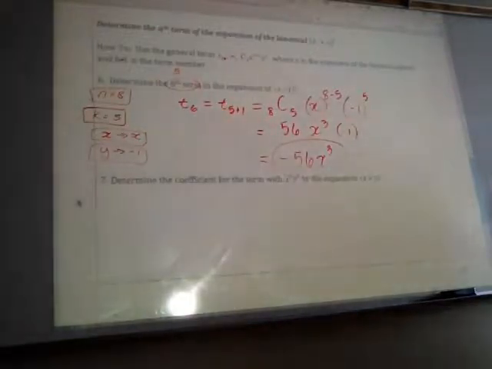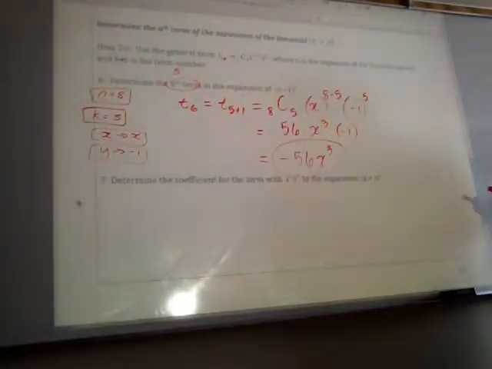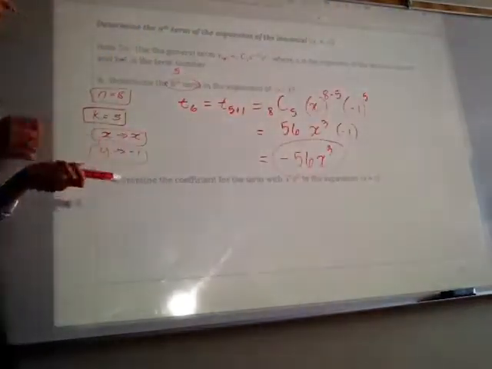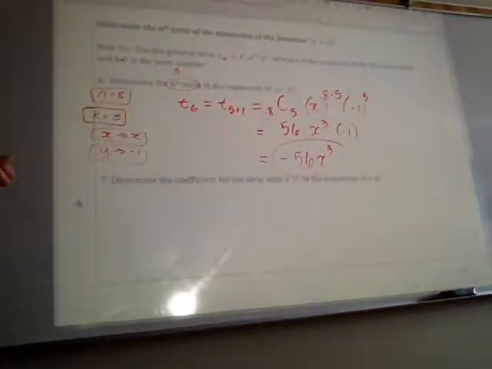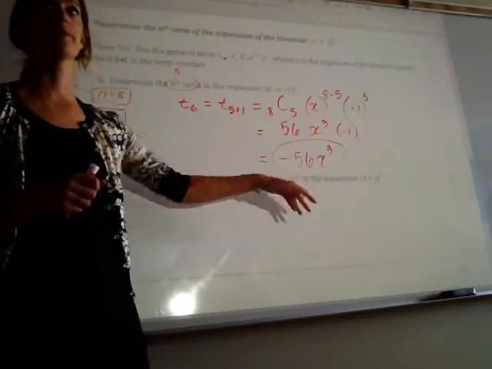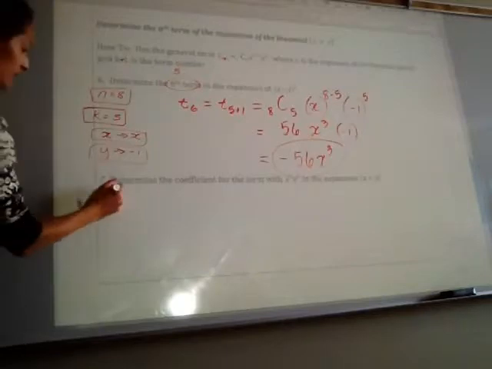Okay, and for number 7, determine the coefficient for the term with x squared y cubed in the expansion of x plus y to the power of 5. So kind of the same setup, but this time we're just finding the coefficient. We don't know the term number, but we do know that we need to have x squared y cubed. Okay, so k is unknown.